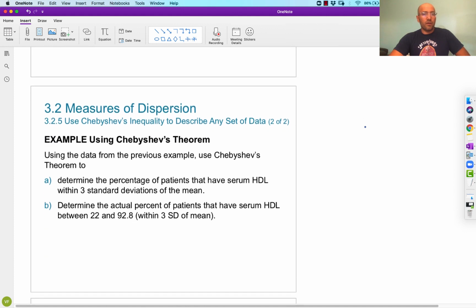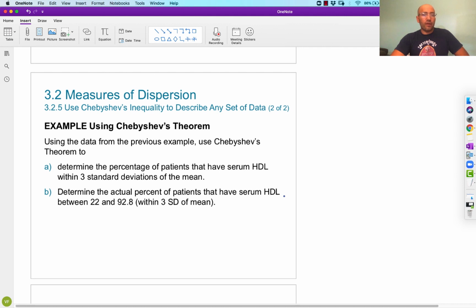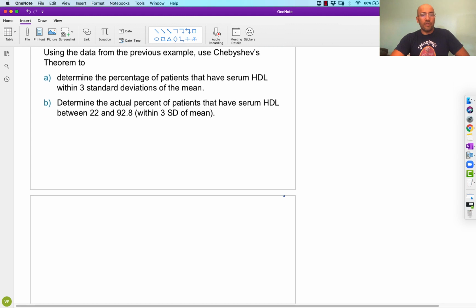Okay, so let's use Chebyshev's theorem to go back to our previous example. Part A, determine the percentage of patients that have serum HDL within 3 standard deviations of the mean.